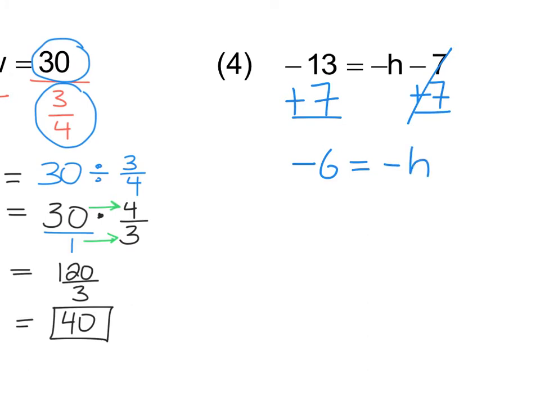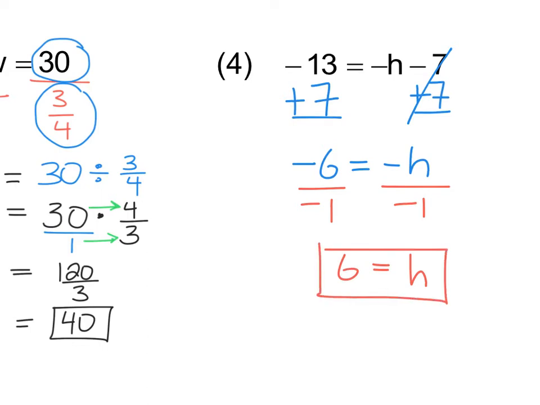Most of the time, especially moving forward, if you're just doing it to scratch out a solution and you don't have to justify your work, you're going to say, well, I got negatives on both sides, so just drop the negatives. But the justification for why we're able to do that is because I'm going to divide both sides by a negative 1. Negative h divided by negative 1 is just a positive h. Negative 6 divided by negative 1 is just a positive 6. And you could write 6 equals h or h equals 6.